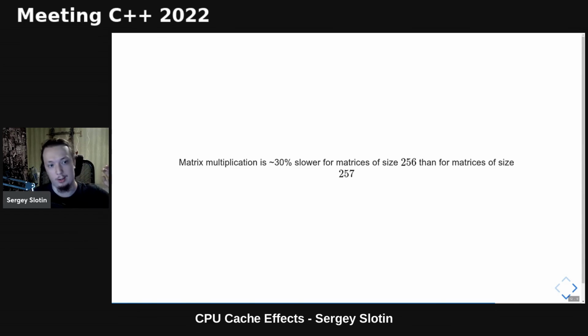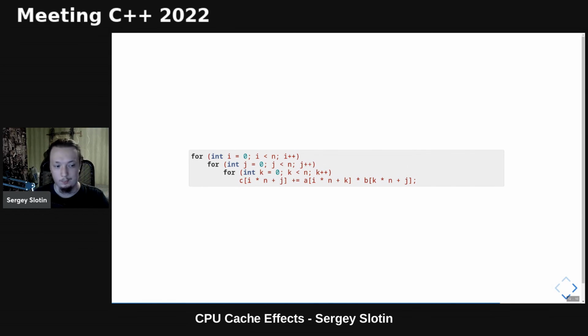For example, matrix multiplication, just standard naive multiplication, is about 30% slower for matrices of size 2^26 than for matrices of size 2^26 + 1, for exactly the same reason, because in the inner loop of the matrix multiplication, we are iterating in steps of the matrix size, and therefore we are jumping in increments of 2^26, which would again map to the same set and reduce our effective cache size.